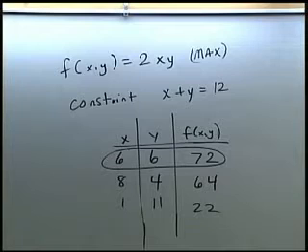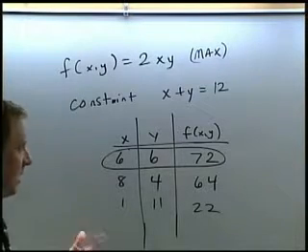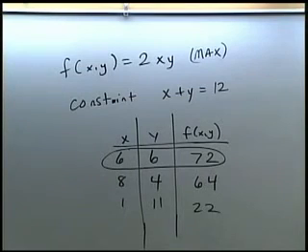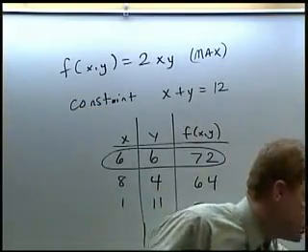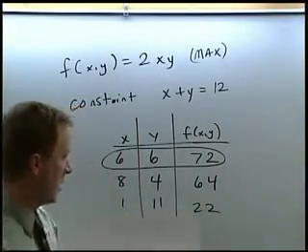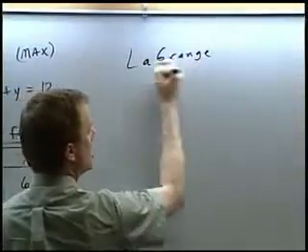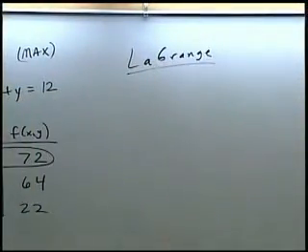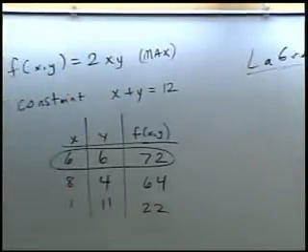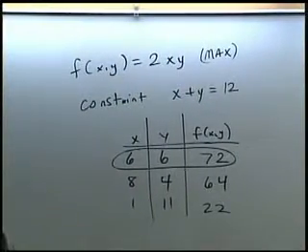Now, when the problems get more difficult, an even better question is, what do we do to convince ourselves or to kind of prove that 6 and 6 is maybe the best scenario? Or how do we verify that it really is? Well, it took mathematicians a little while to figure this out, but there was a mathematician named Lagrange who figured out a way of solving these types of problems, and that's the method that I'm going to show you today.